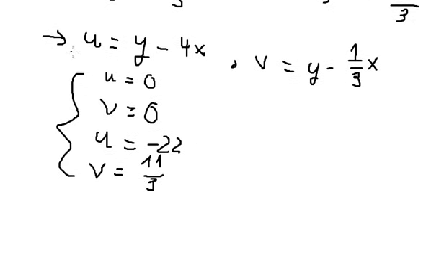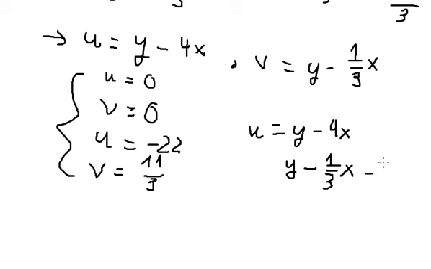Next, about this one, we have u equals y minus 4x. So we need to separate them into negative 1 over 3x and negative 11 over 3x. So we know that this one in here is v.